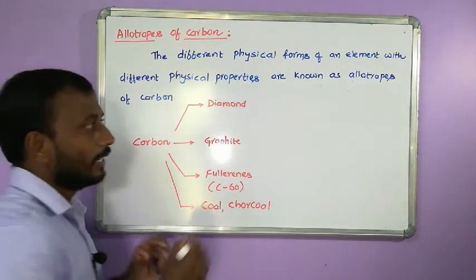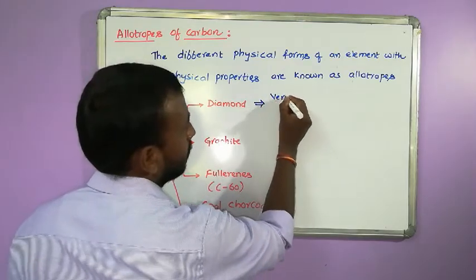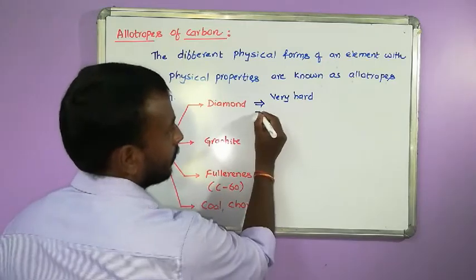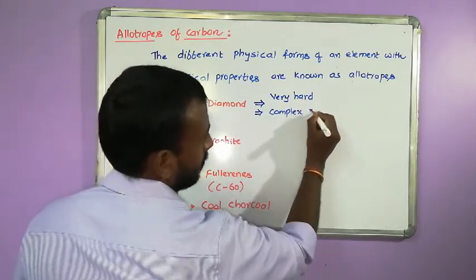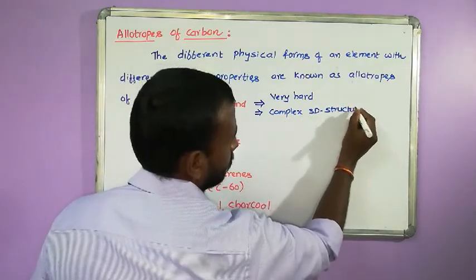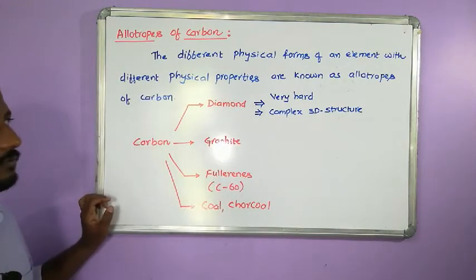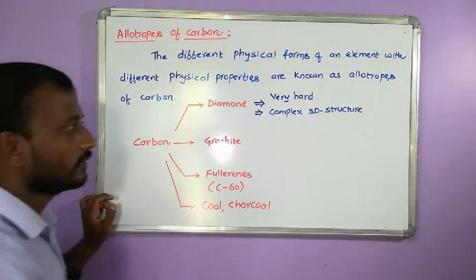Always remember, diamond is very hard, diamond hard. It has a complex 3D structure where each carbon is surrounded by 4 other carbons.